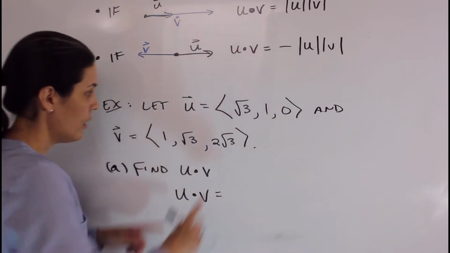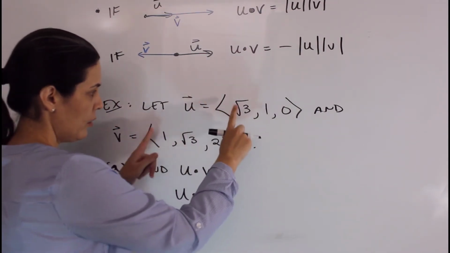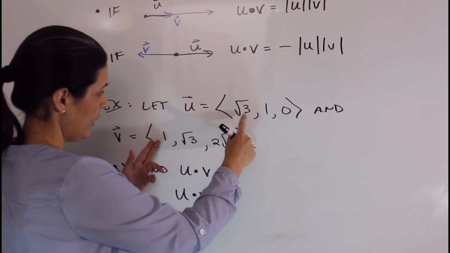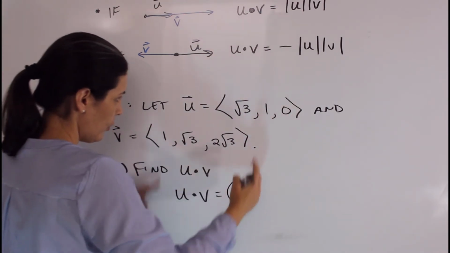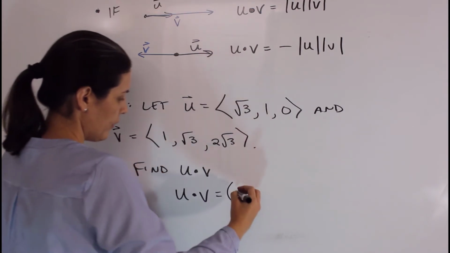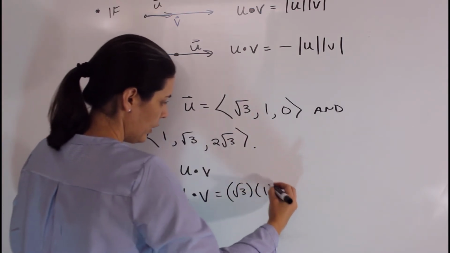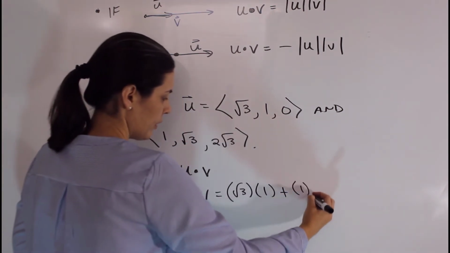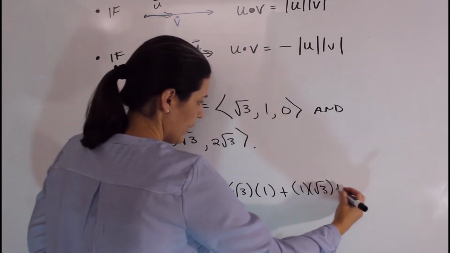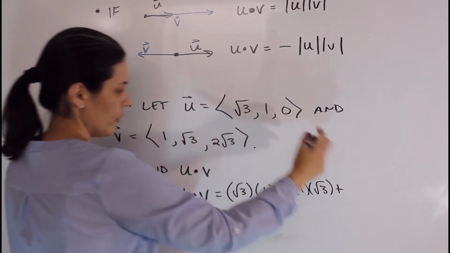That was our formula. So components multiplied, respectively, x times x, y times y, z times z, and then added. So square root 3 times 1, and then plus 1 times square root 3, and then plus 0 times 2 square root 3.